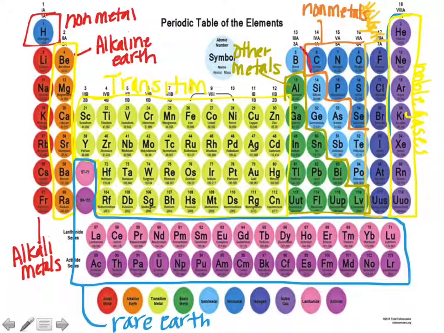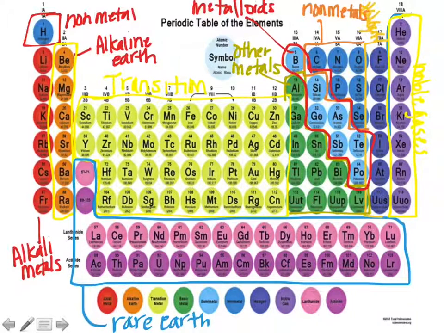And then these right here make a stair step. Those are your semi-metals, your metalloids. The stair step on that periodic table is my metalloids.